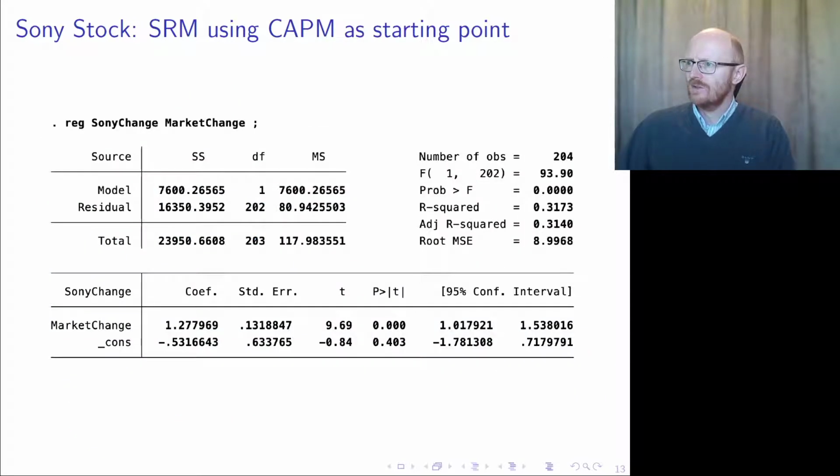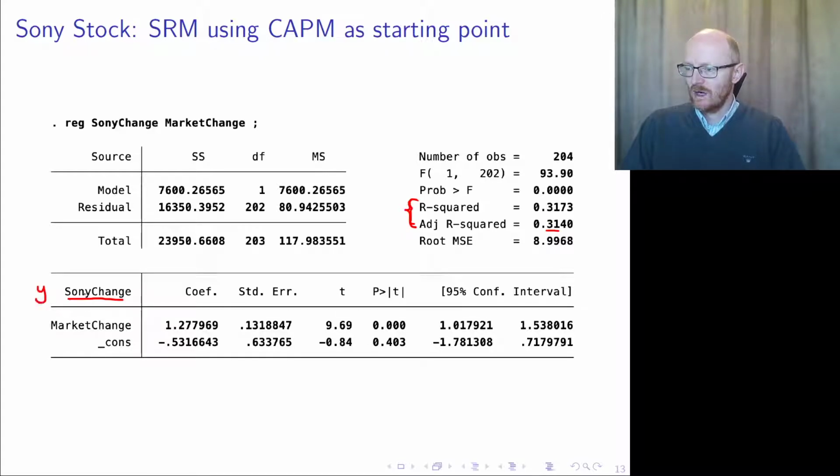So if you do the regression, then what you want to look at is the R squared, and preferably the adjusted R squared, which takes into account how many variables you put into the regression. And you see that you can explain 31.7% of the variance or the variation in Sony change.